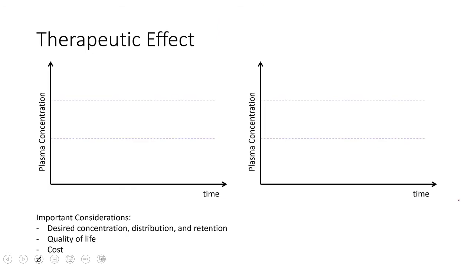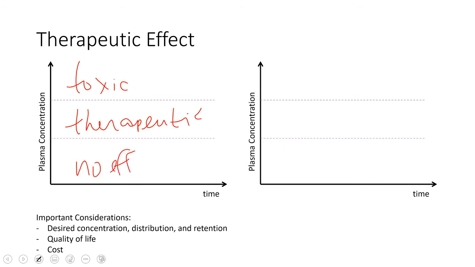The reason release systems are very important is because of this idea of the therapeutic effect. In most cases, you'll have the toxic effect be much higher than the therapeutic effect, and then down here, there's no effect.